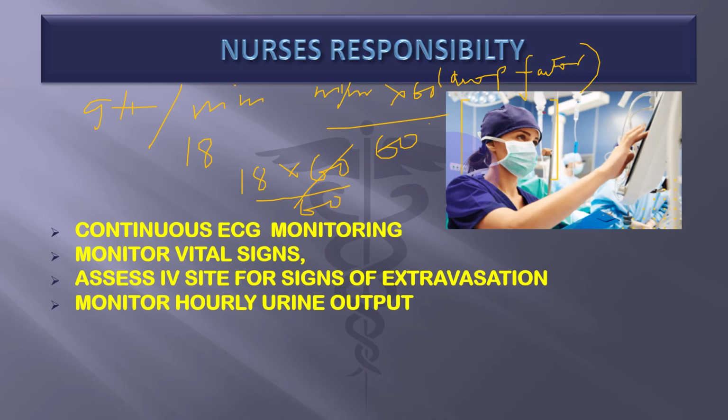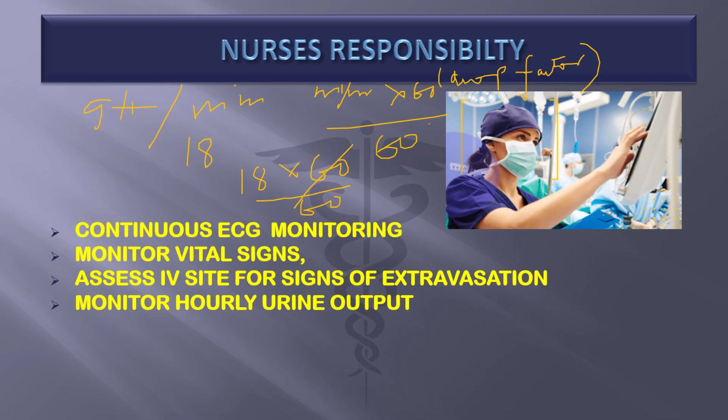Now what are my nursing responsibilities? Number one is continuous ECG monitoring. Why? Because this is a vasoconstrictor, this is a beta adrenergic agonist. So what is its role? It increases your heart contractility, so your heart rate is increasing. You have to keep an eye out for tachyarrhythmias.